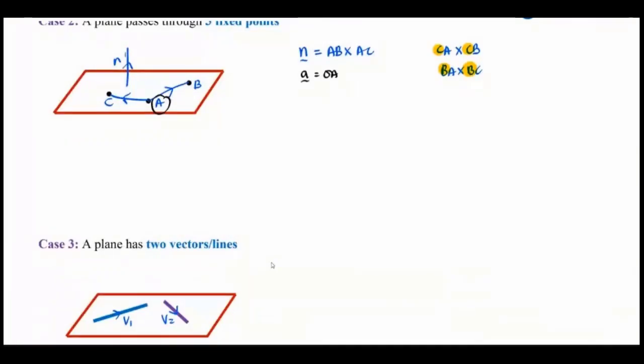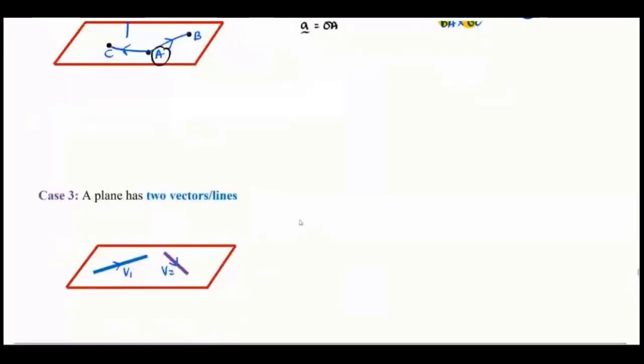So kita akan pakai V dia. So how to find the N? So N ke atas. So N will be V1 cross V2. Okay, and then A mesti dia bagi ataupun dia akan bagi point dekat salah satu line. Kita akan pakai daripada satu line.